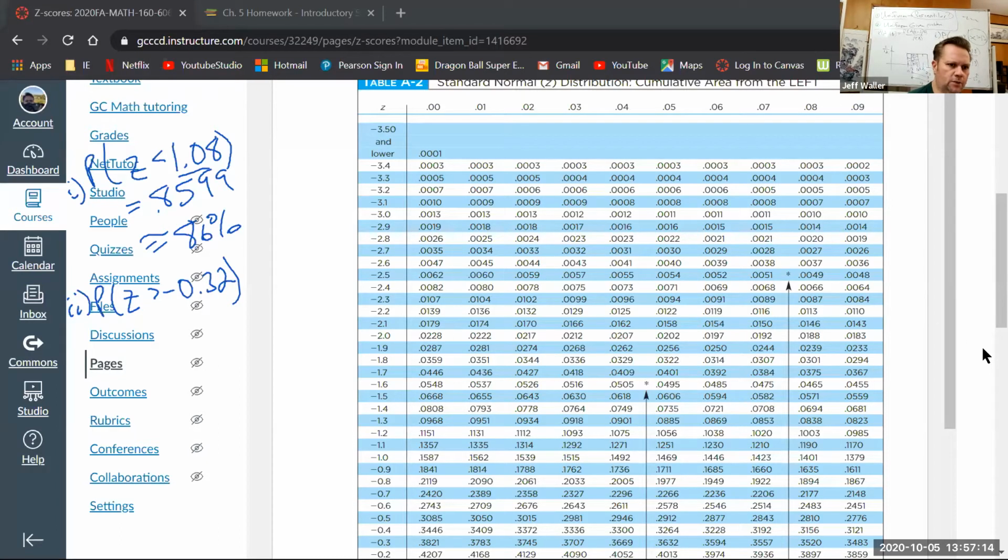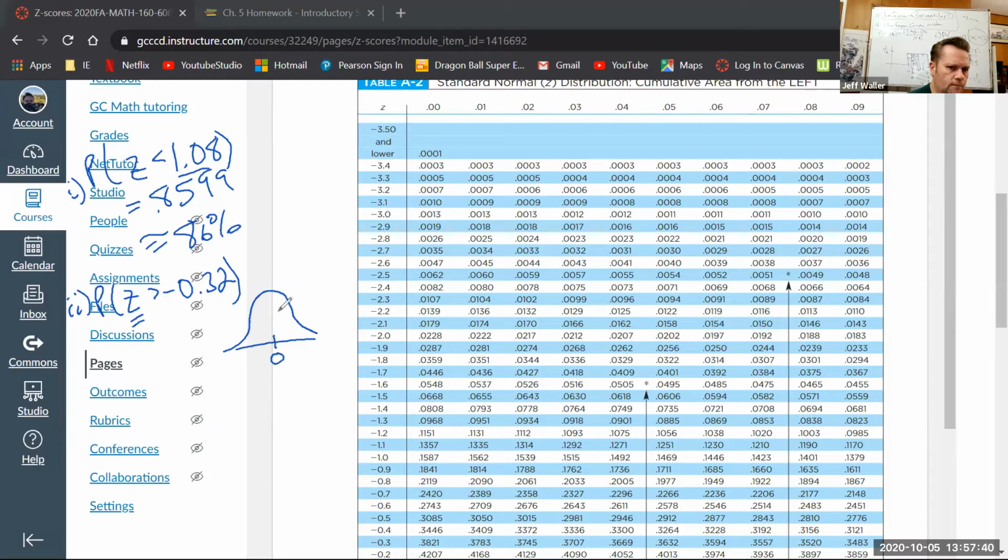One thing I should be doing, just to really hammer it home that it's important, is you really, really should be drawing these pictures. So what goes in the middle if it's z-scores I'm talking about? What's the middle of a z-score distribution known to be? 0. Yes, thank you. And where's negative 0.32?